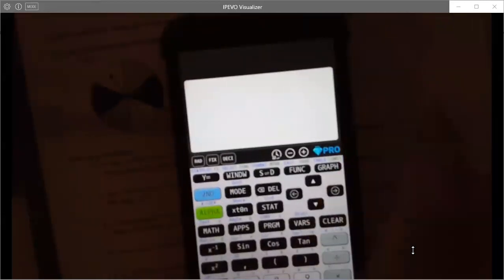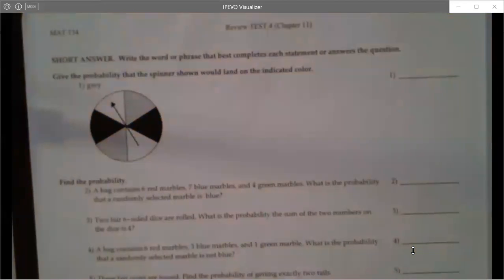It's a little bit different than the actual calculator itself, but not much. So we'll be working with that later on in the lesson.